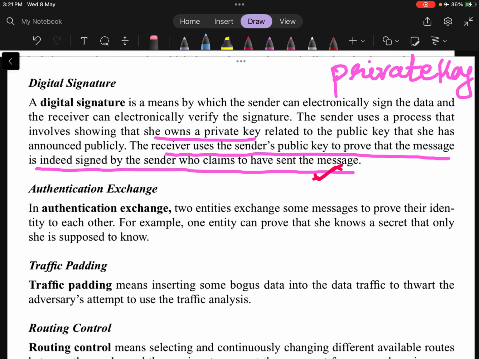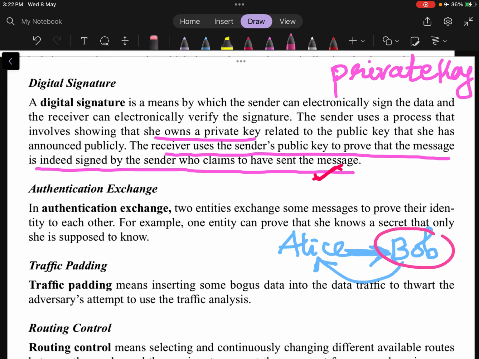So we have two entities, say Alice and Bob, and Alice will say to Bob that I only know your key password. And Bob will also assure Alice that I only know your key password, Alice. So this way they can reveal one such secret which they know about each other, so that they can detect that there is no impersonator.